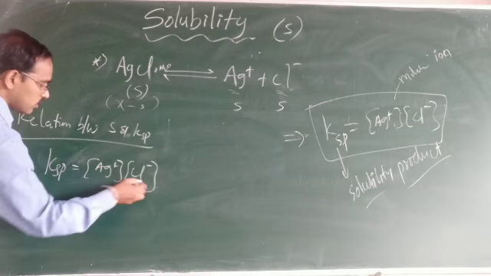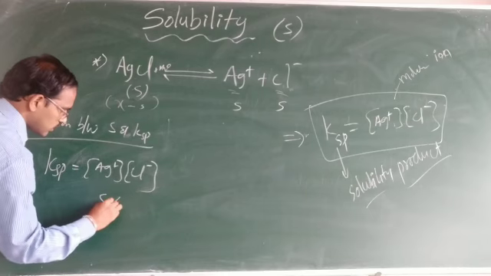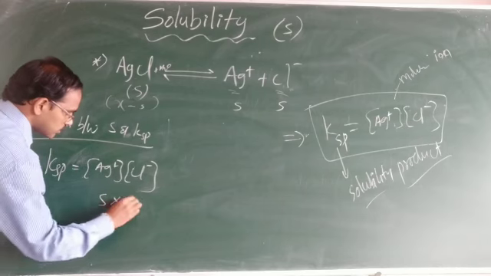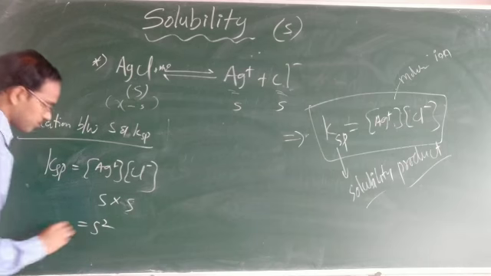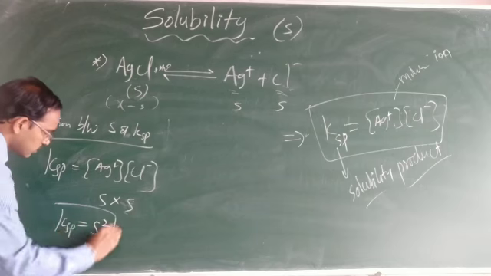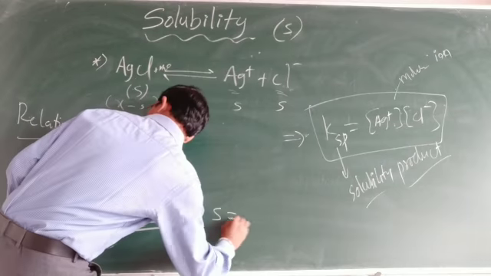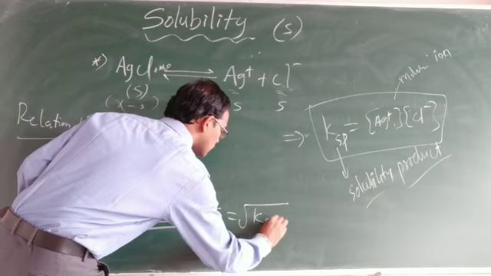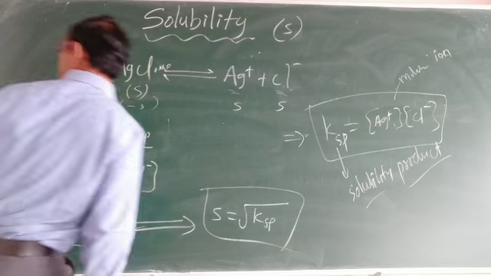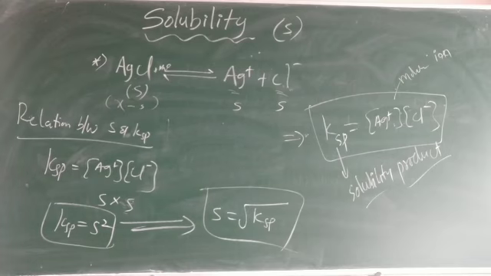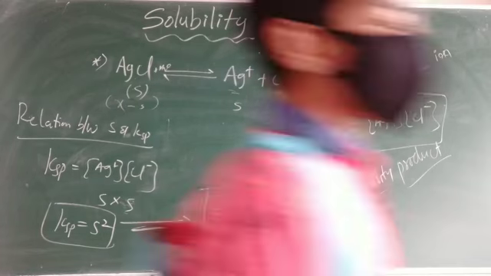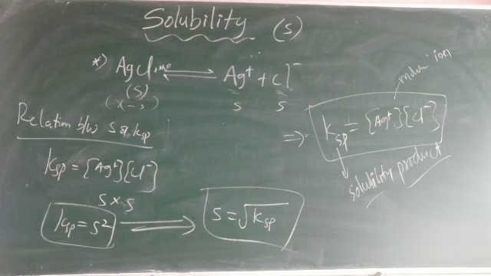S. What is the chloride concentration? That is also S. That means S square equals Ksp. I can write this formula as S equals the square root of Ksp.